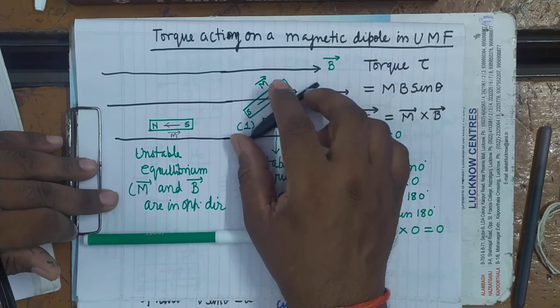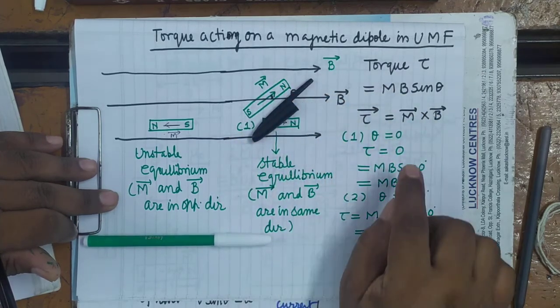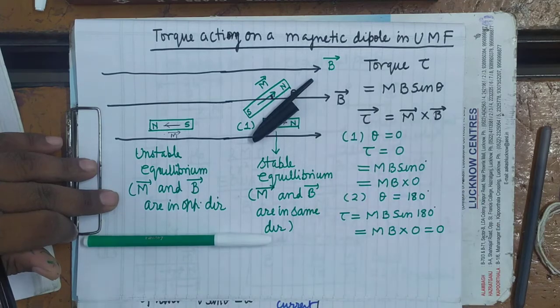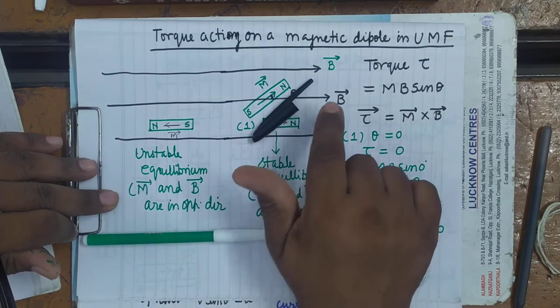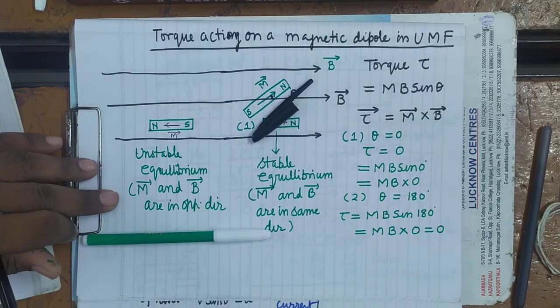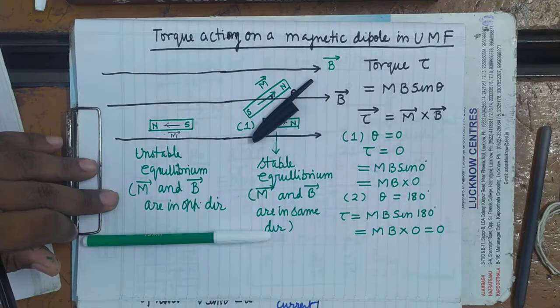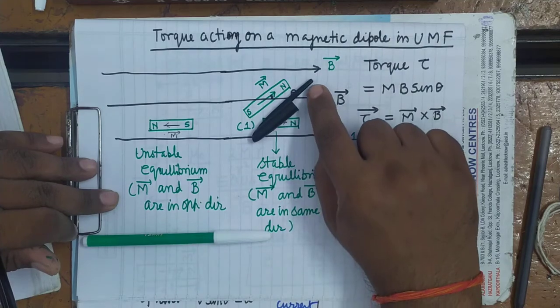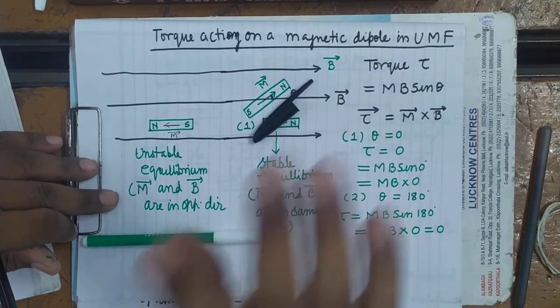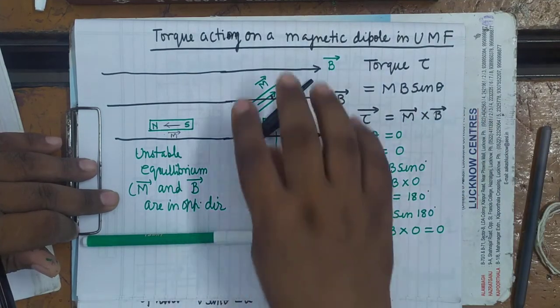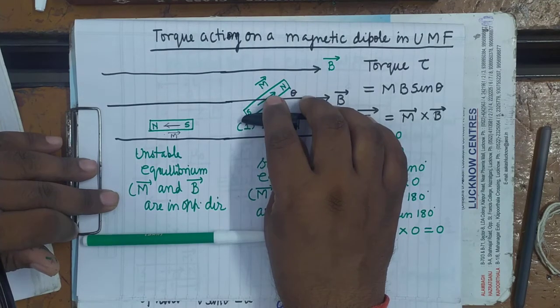As soon as it will rotate, what will happen? The value of theta will not remain 0 and some torque due to magnetic field will start acting besides the deflecting torque. Deflecting torque is applied by some external agent, suppose myself.